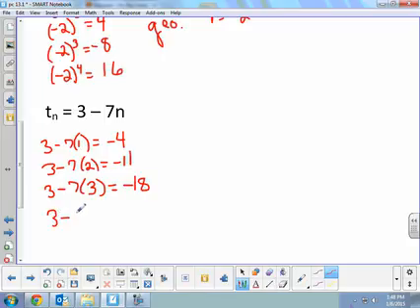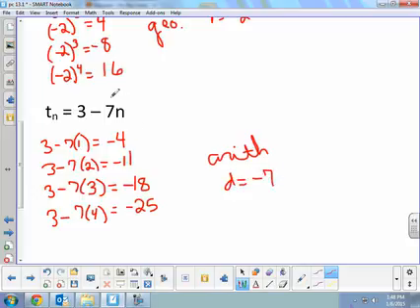And 3 minus 7 times 4, which would be 3 minus 28, which would be -25. Here, it is going to be arithmetic. And my common difference is -7. If you notice, that's kind of like the slope. That's how much it's changing every single time.